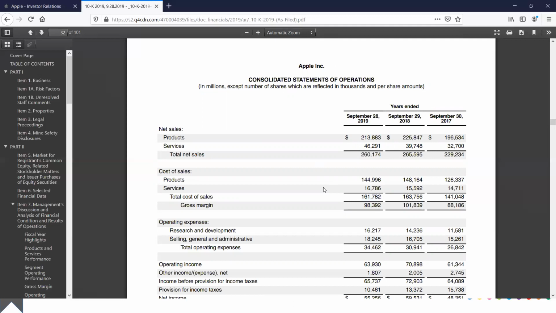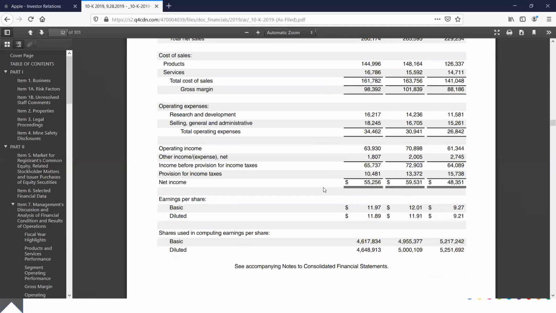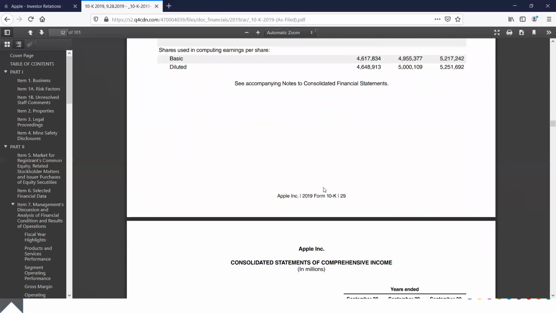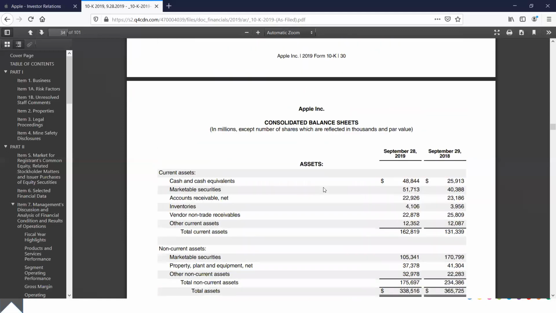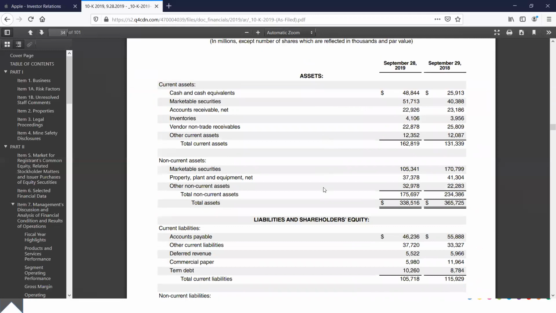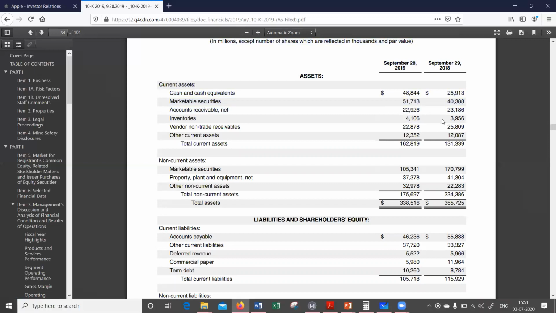Let's go ahead and see what the average inventory is for this company. For average inventory, we need two figures: first the beginning inventory and second the ending inventory. This is the ending inventory, the inventory at the end of 2019, 4106.